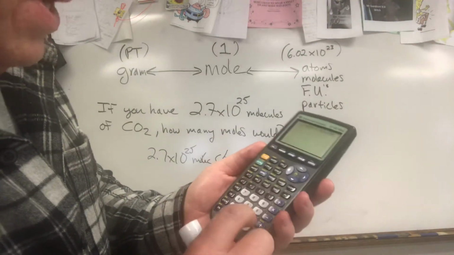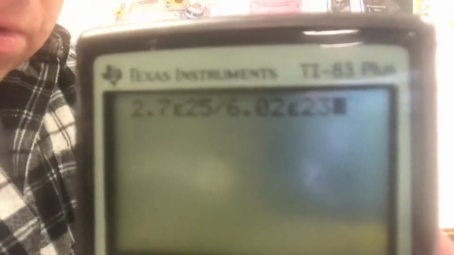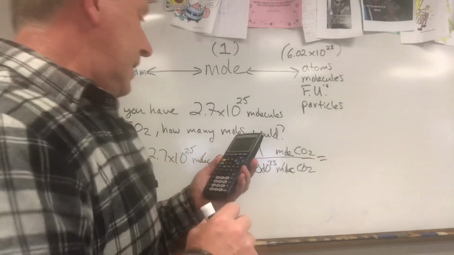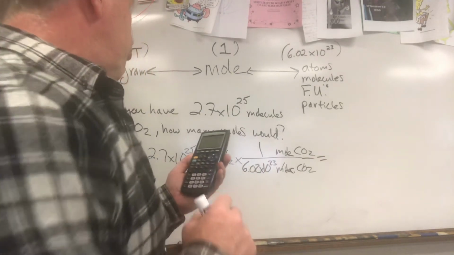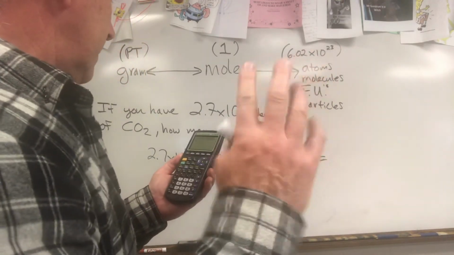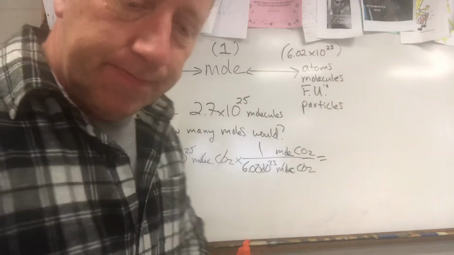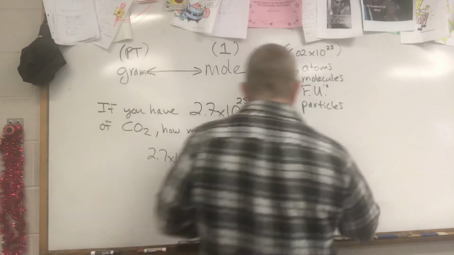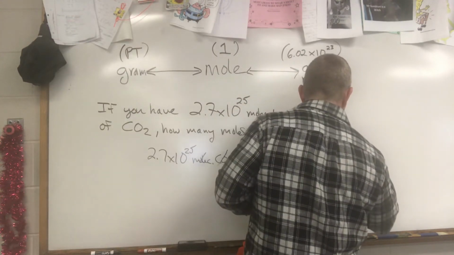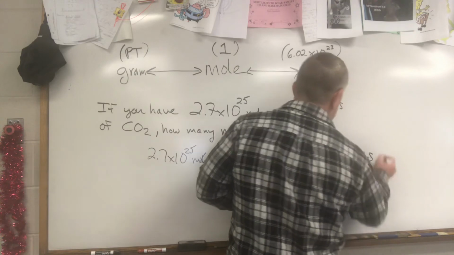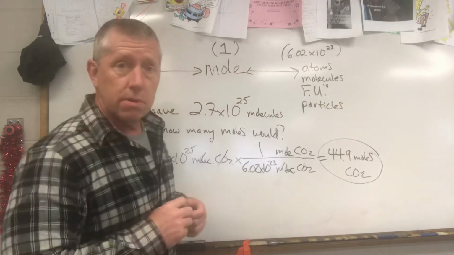So 6.02 times 10 to the 23, and then go ahead and hit enter. And I get 44.9. Rounding this off, it comes out to be 44.9. So 44.9 moles of my carbon dioxide.